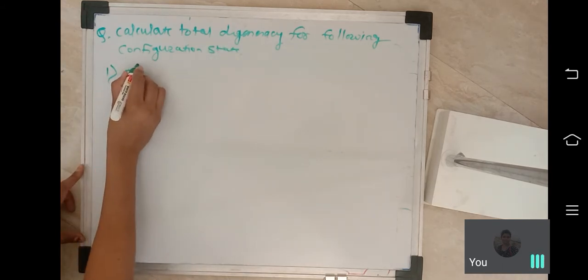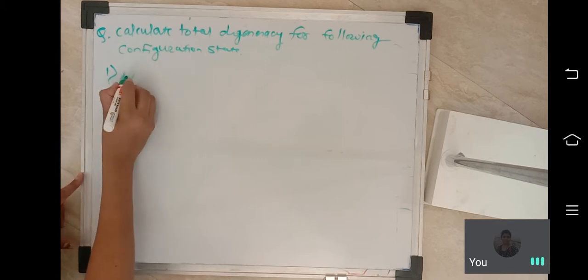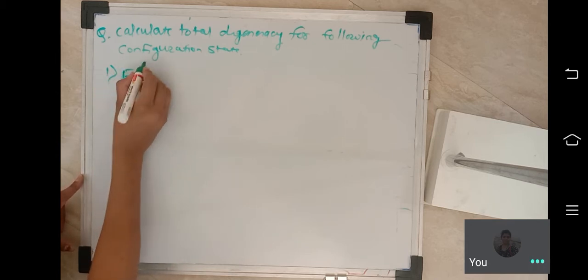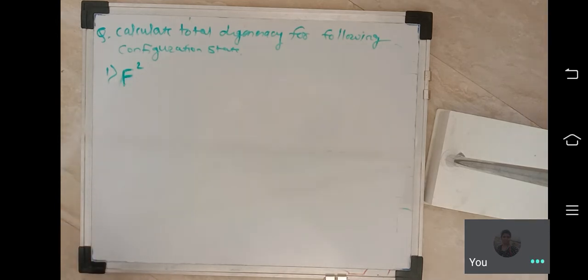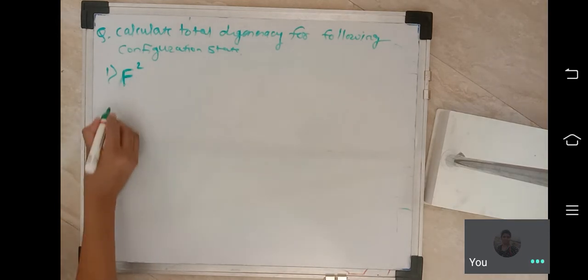The example is not P4, it is F2. So write here total degeneracy.